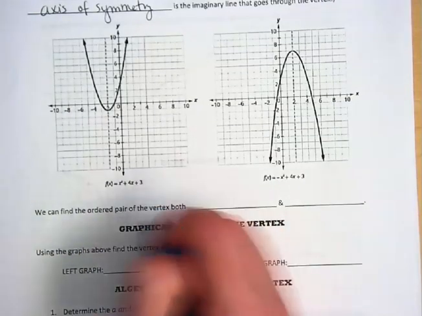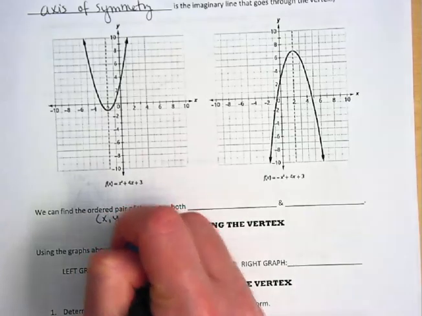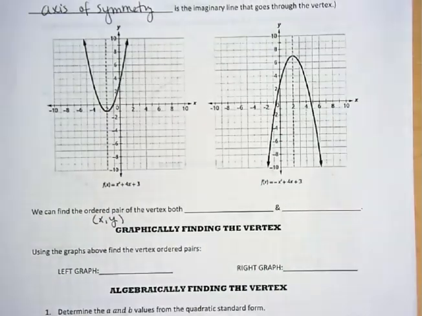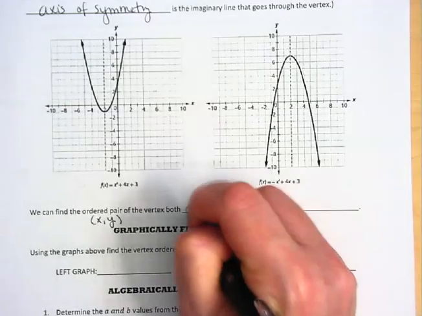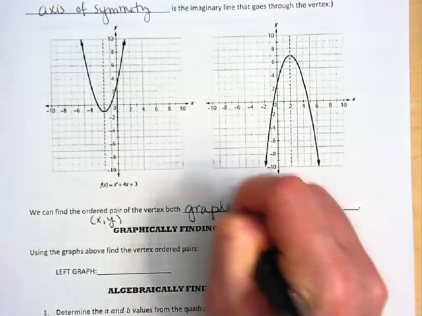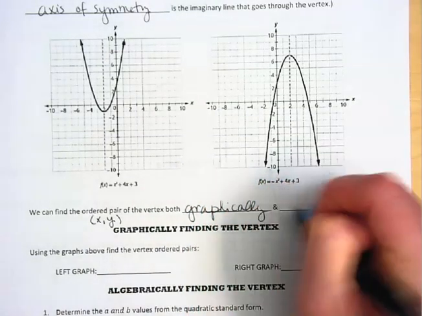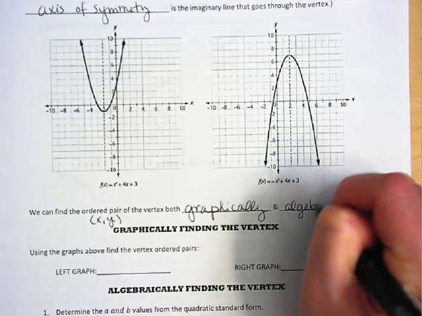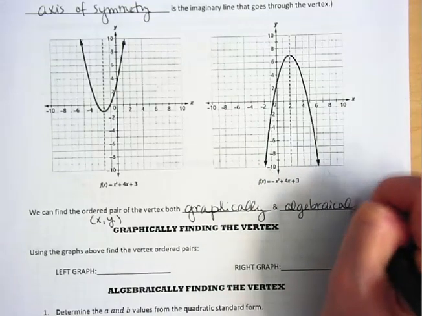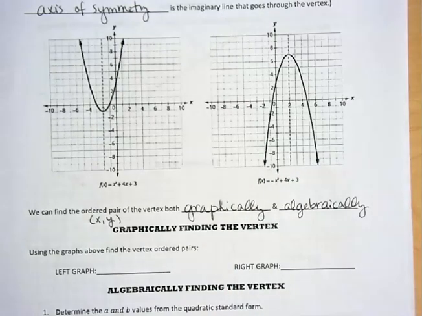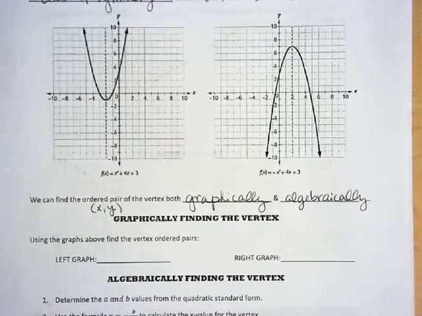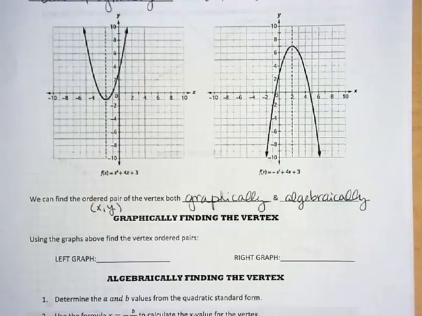We can find the ordered pair, meaning the x and y values of the vertex, both graphically and algebraically. So graphically just means counting from the origin.